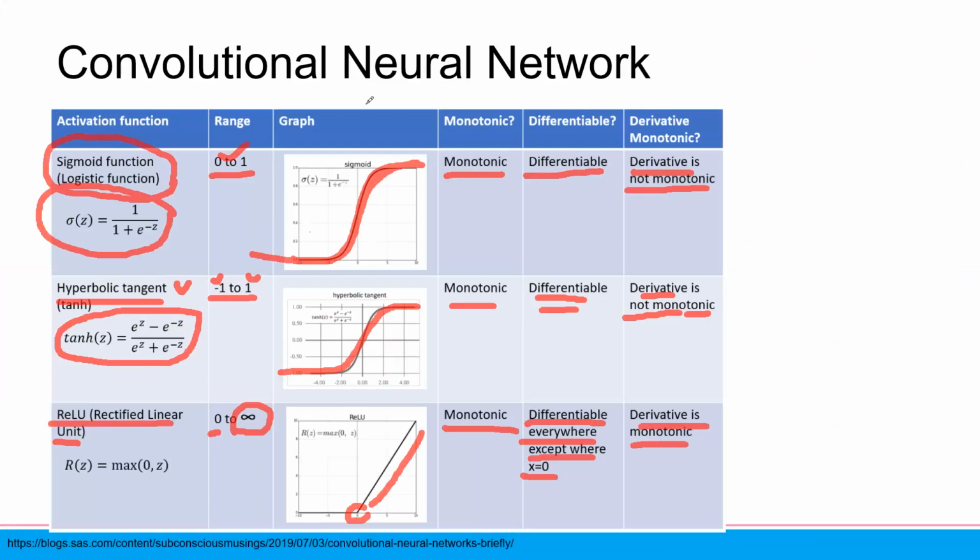If you use Python, you do not need to calculate by hand. Python will just ask for a parameter, what kind of activation function you want to use. If you use the sigmoid function, it will directly use this formula. If you use the hyperbolic tangent, it will apply this one. If you use ReLU, it will apply this one.